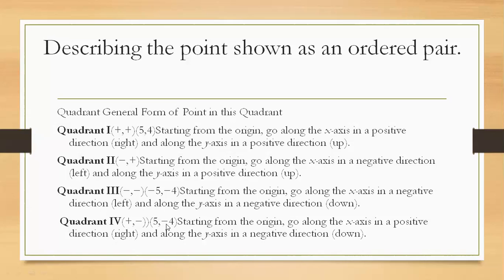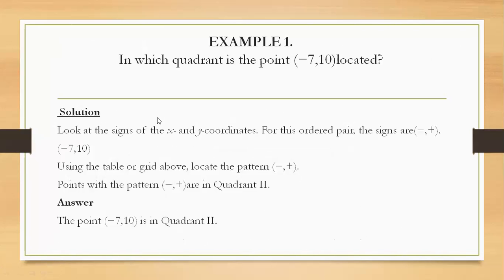For (-7, 10), we have written first is negative, second is positive. When we plot it, you will find that the point (-7, 10) is located in the second quadrant.